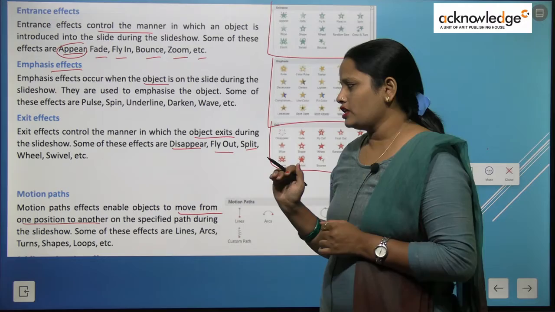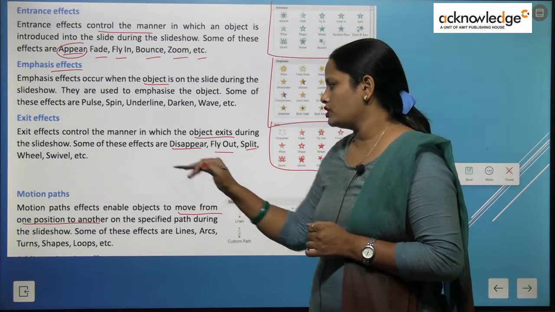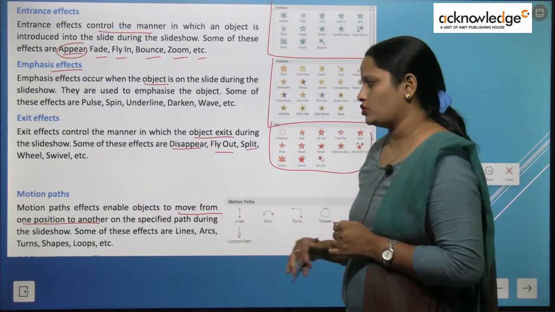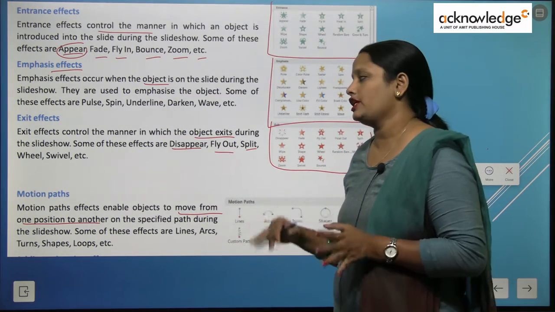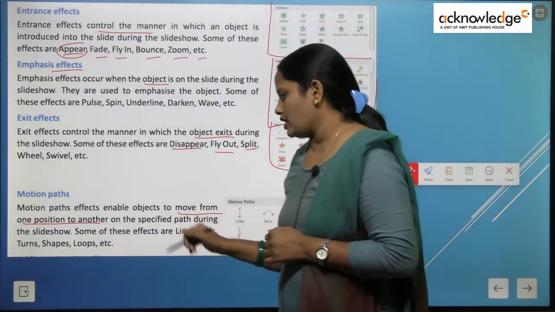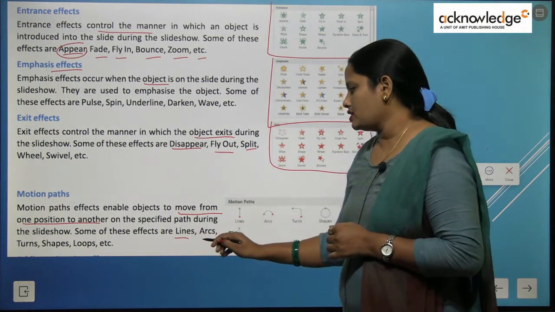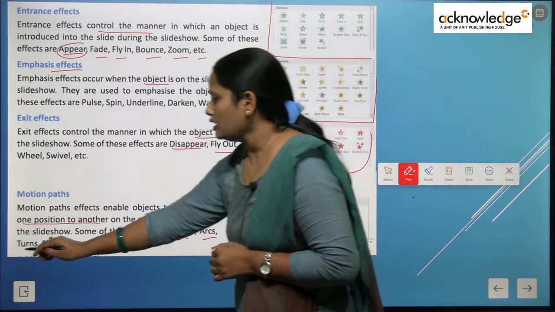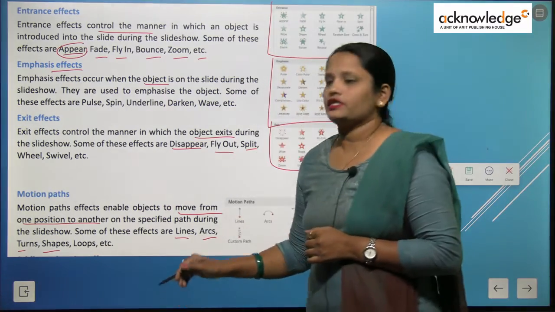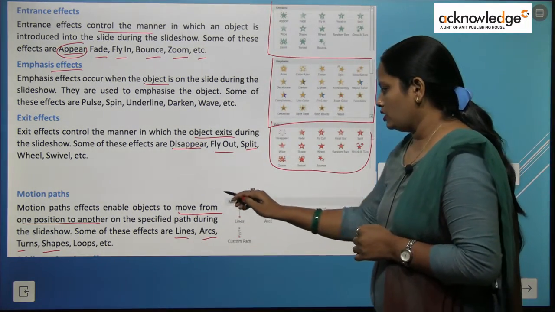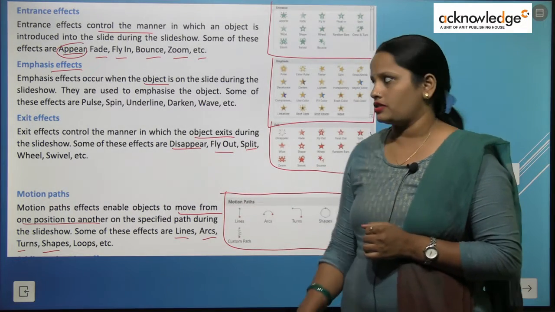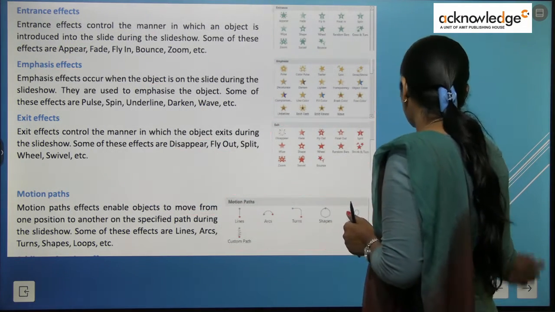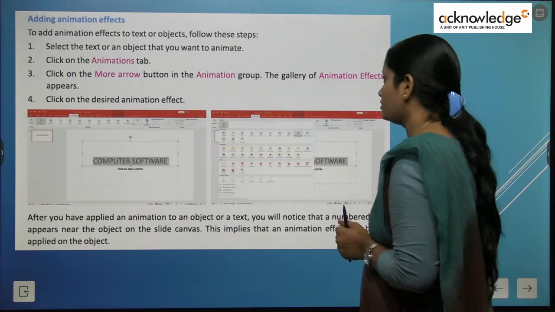It moves the object from one position to another in a specified path, which means the path is already allotted. Some of these effects are lines, arches, turns, shapes, loops, etc. So these are the examples of motion paths. I want you all to practice all these effects.